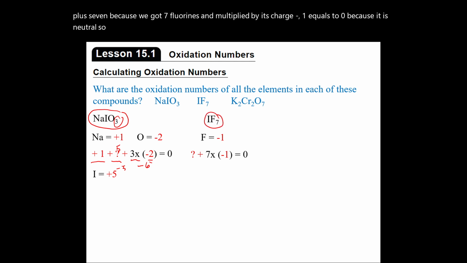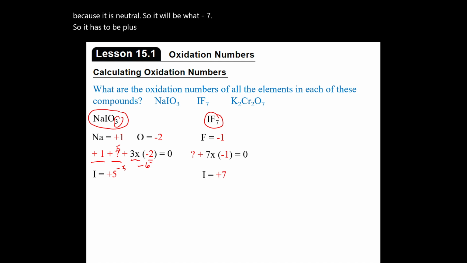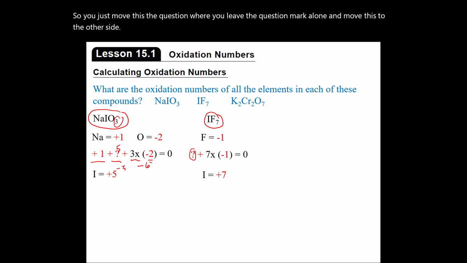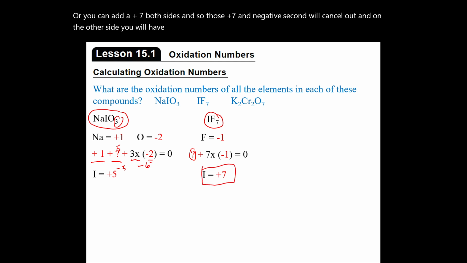So it will be what? -7. So it has to be +7. You leave the question mark alone and move this to the other side. Or you can add +7 to both sides, and so those +7 and -7 will cancel out, and on the other side you will have +7. So the oxidation number for iodine is +7.